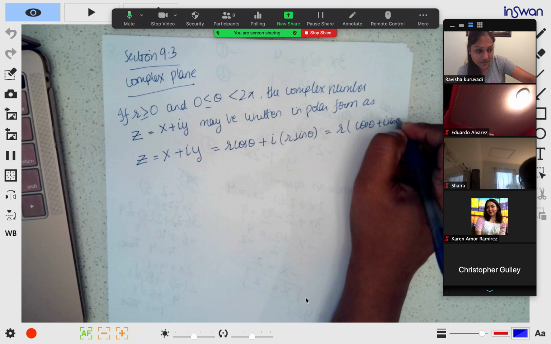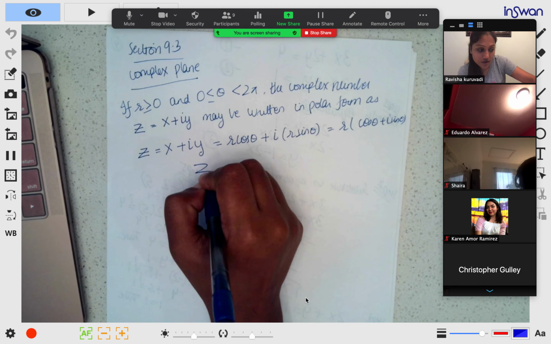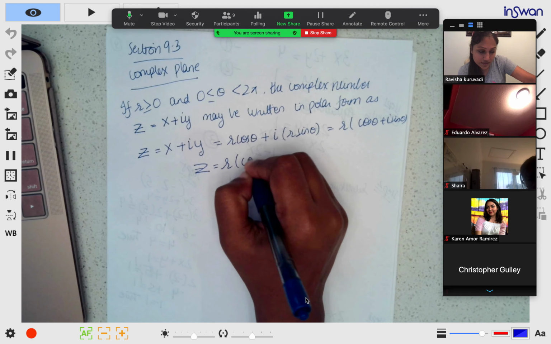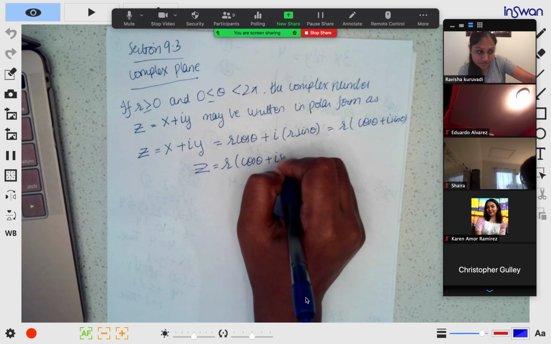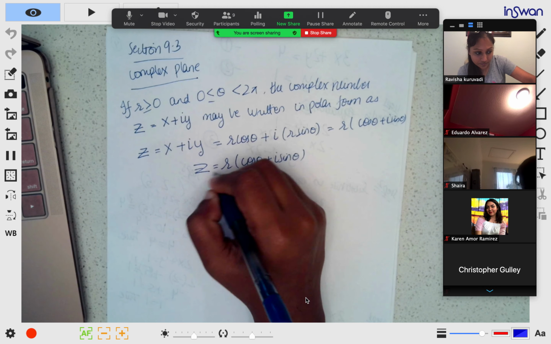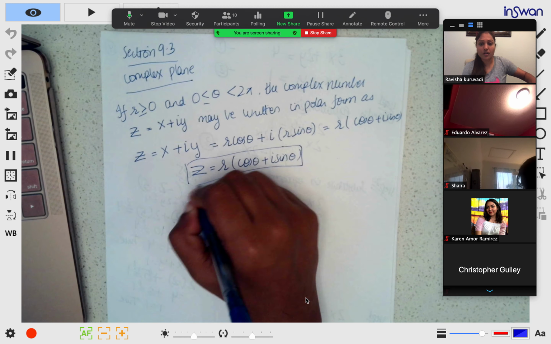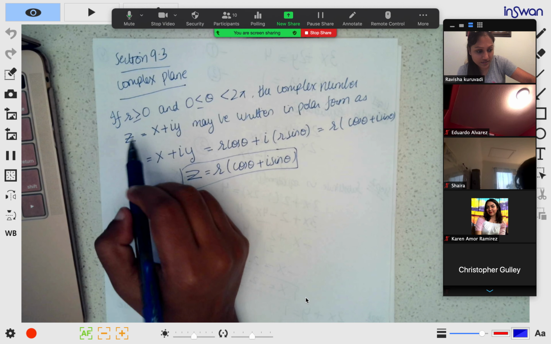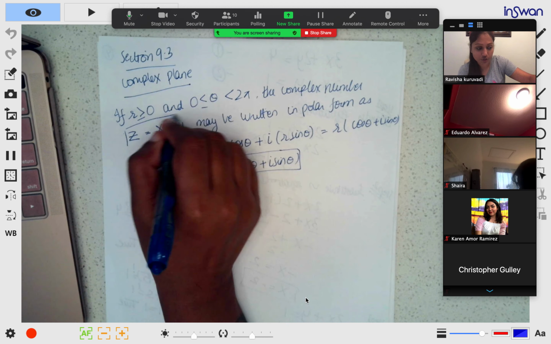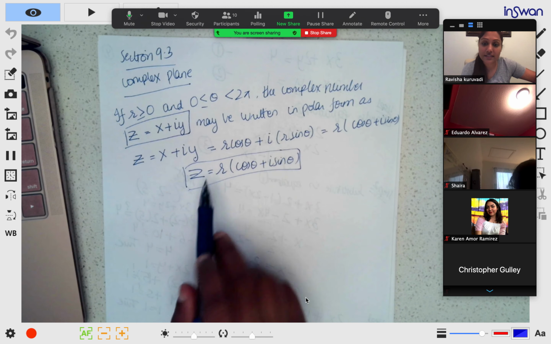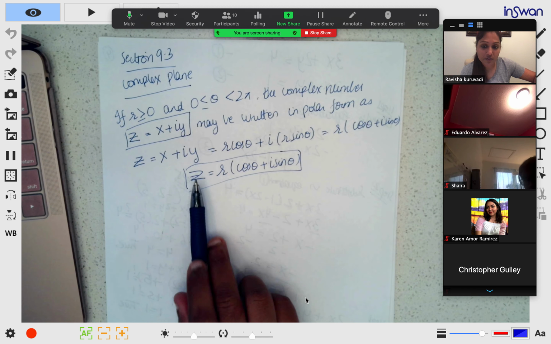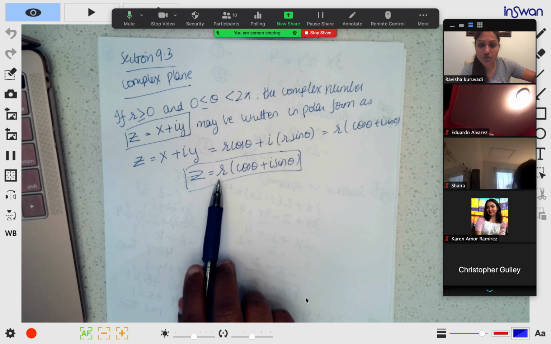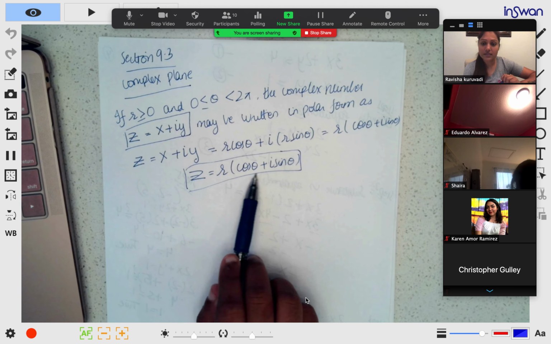So my z is equal to r times cosine theta plus iota sine theta. Very important here. If you are given a complex number and I say convert into polar form, this is how you convert. The formula is z is equal to r cosine theta plus iota sine theta.